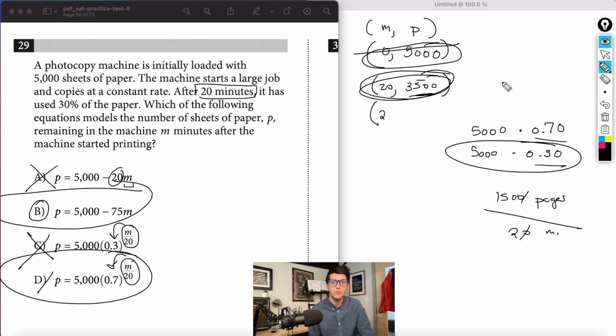So we need to do another point and say, well, in 40 minutes, what should happen? Well, we should lose another 1,500 and get down to 2,000. And then that would get rid of answer choice D. Answer choice D, when m is 40, you would be squaring 0.7, and you wouldn't get to 2,000.